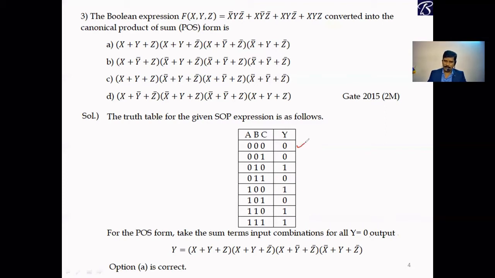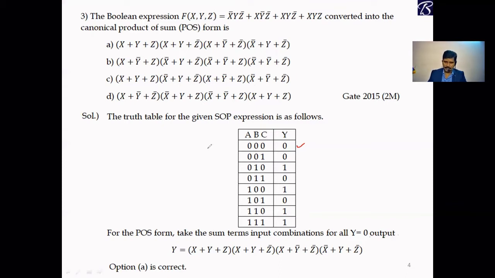Now for this 0, what is the max term? So in the input variables, what is our concept? 0 indicates uncomplement, 1 indicates complement for the POS. So this sum term, how we can write?